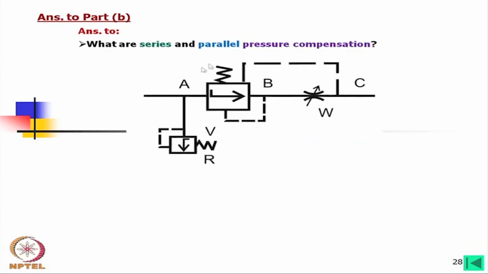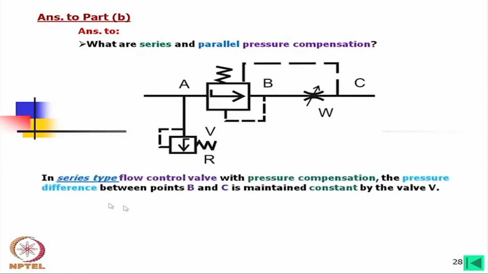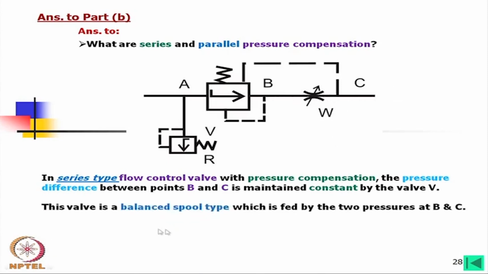Now, this is in series and there is a pressure relief valve, and a series type flow control valve with pressure compensation. The pressure difference between points B and C is maintained constant by the valve V. If we adjust it, then this pressure difference will remain constant here.